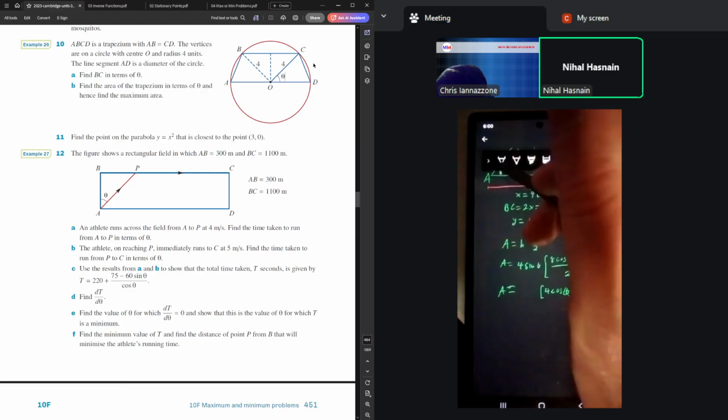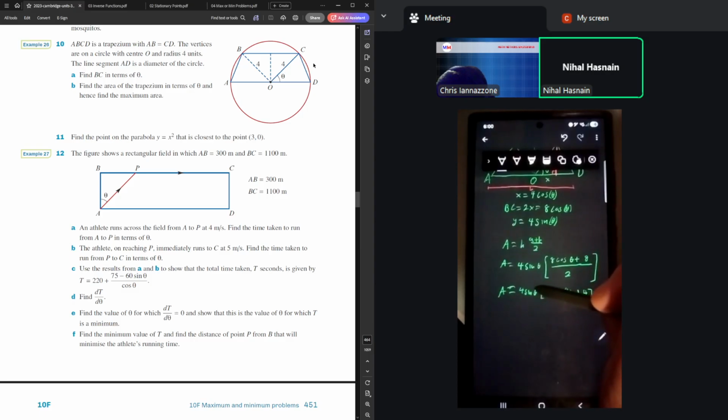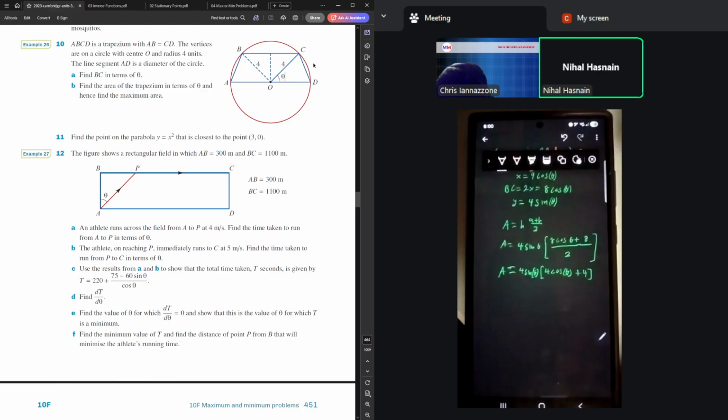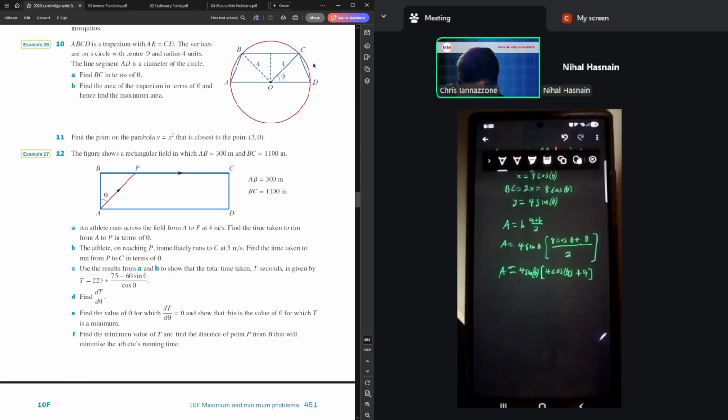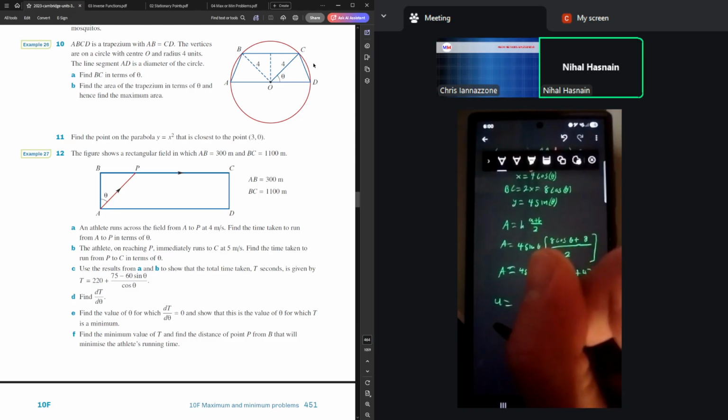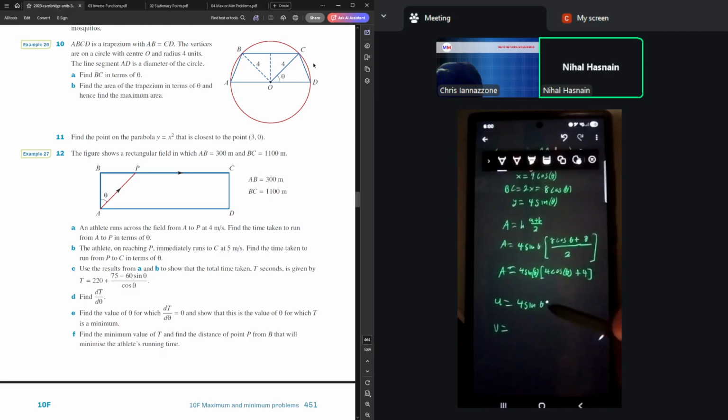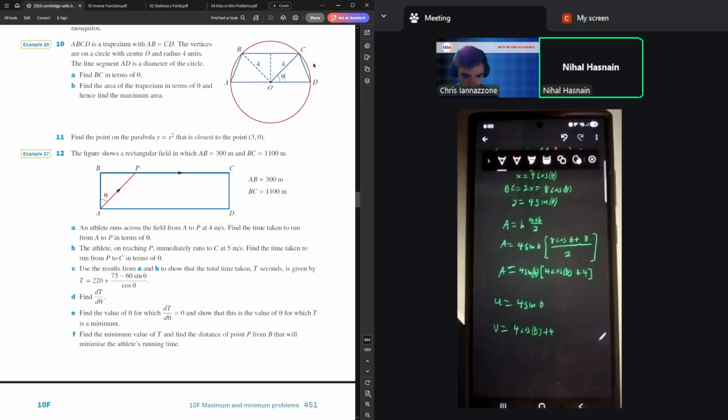Now I'm going to use the product rule. There's a 4 sine theta, that's one function, and the other one will be 4 cos theta plus 4.